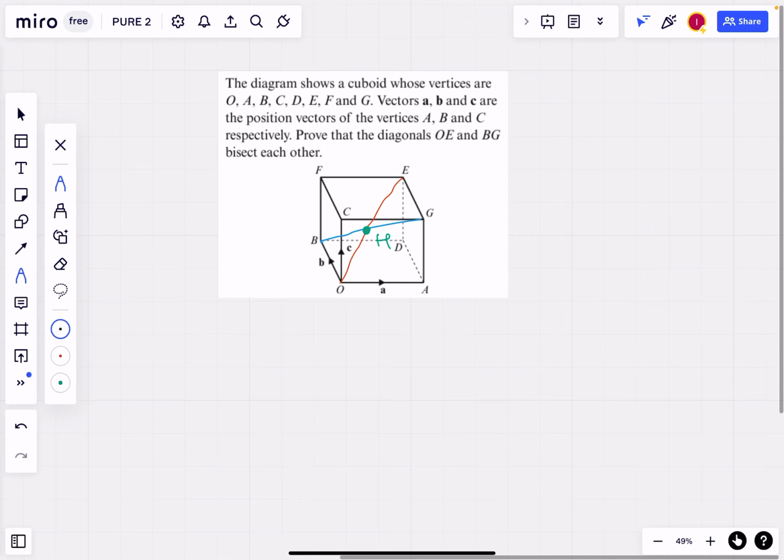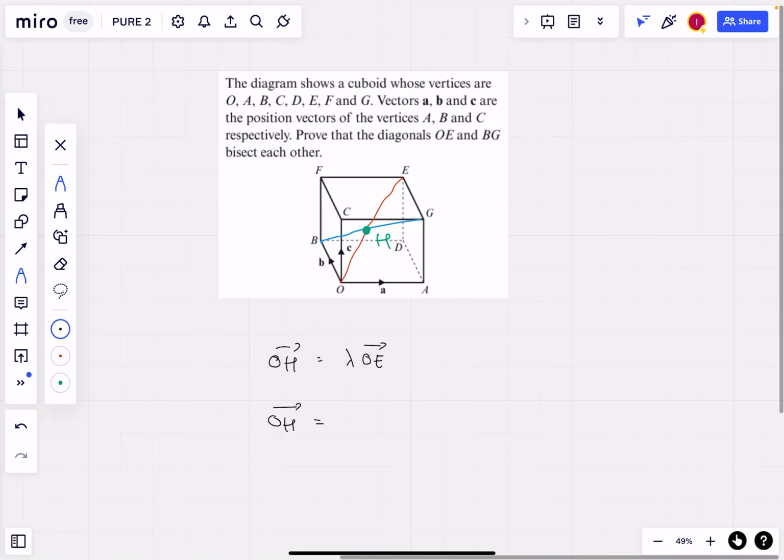Okay, so OH can be expressed in two different ways, right? One way is to go part of the way along OE. So let's call it lambda OE. Then the other way to express OH is to go part way along BG.